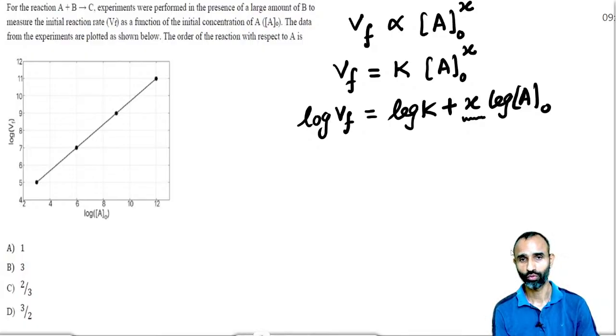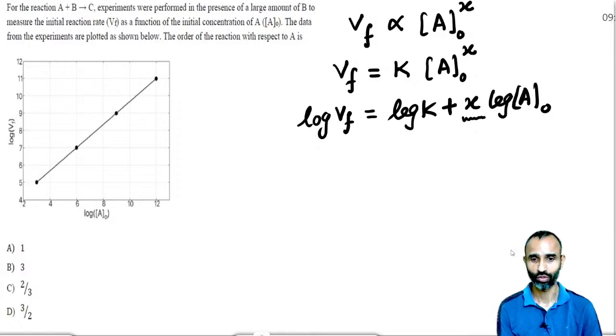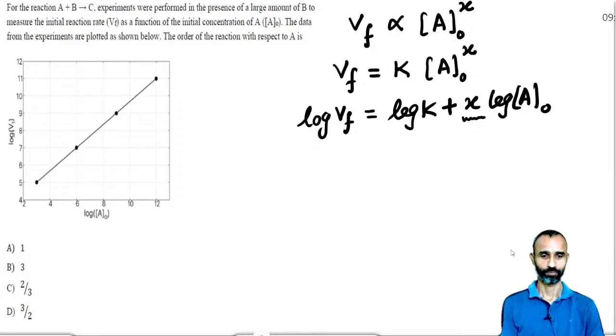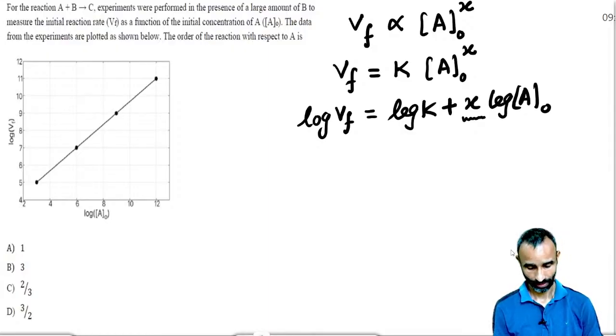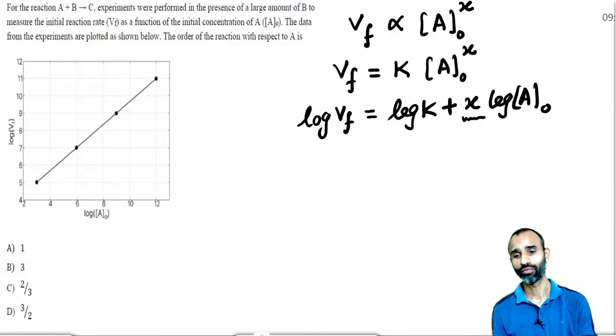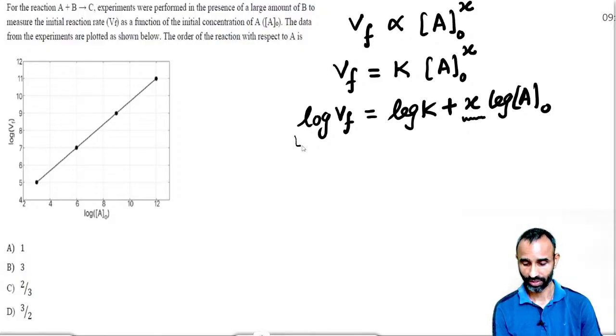Could you do it? Do it fast. What is the order of reaction? That is the value of x. The graph is given, log V naught versus log A naught.